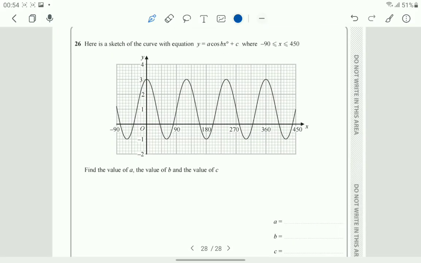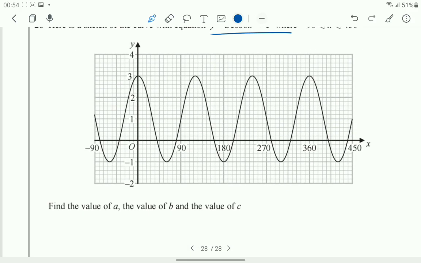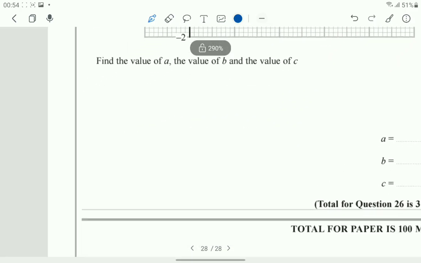Question 26. Here is a sketch of the curve with the equation y equals a cos bx degrees plus c, where x is greater than minus 90 and less than 450. So this needs you to have a grasp of the trigonometric curves.